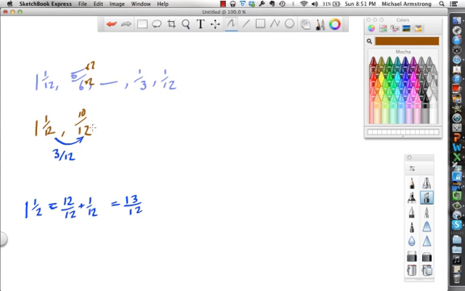3/12 should be the rule, and that means that we're going to subtract it for our next one. 10/12 take away 3/12 is going to be 7/12. All right, and then the next one is going to be 4/12. And we have to find out if 4/12 is the same as 1/3.